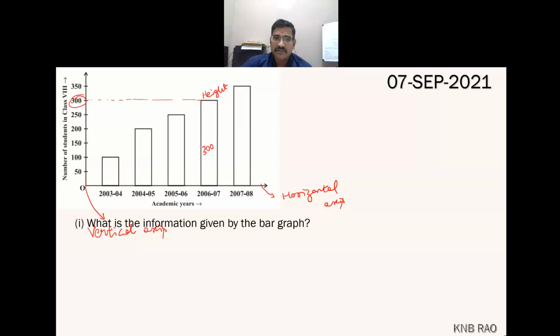So question 1, what is the information given by the bar graph? This bar graph gives the information of the strength present in class 8 of a school for the 5 academic years from 2003 to 2008. This is the complete sentence. Is it clear to you? Put a thumbs up if you are understanding what I am saying.